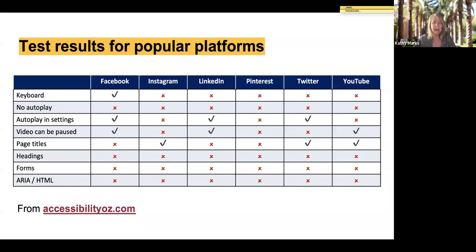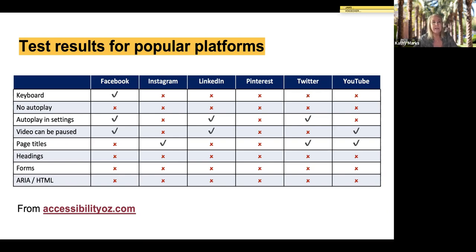Every year, Accessibility Oz, a well-known Australian accessibility consultancy, performs accessibility testing of a number of popular social media networks. In 2019, they tested the ones in this table: Facebook, Instagram, LinkedIn, Pinterest, Twitter, and YouTube.